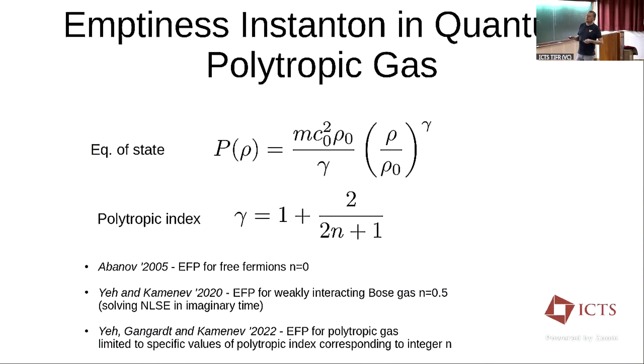But n doesn't have to be an integer. Namely, the very interesting and important case of the weakly interacting Bose gas, where I remind you that the pressure is proportional to the square of the density, remained inaccessible. In particular, one would be very much interested in the emptiness limit shape for weakly interacting bosons.